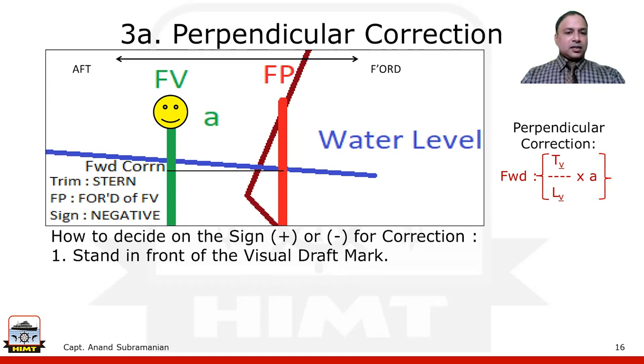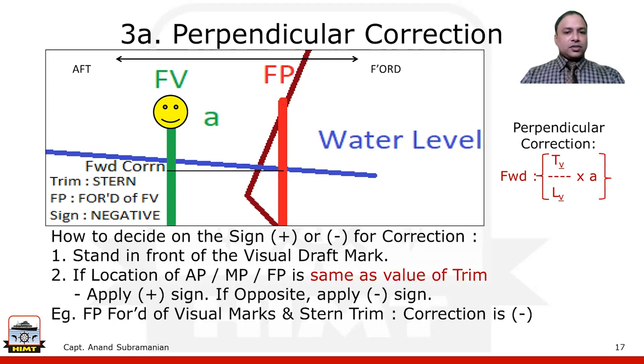Once that is done, look at the location of the forward perpendicular from your visual draft marks. In this case, the visual draft mark is located aft of the forward perpendicular, or inversely, the forward perpendicular is forward of the visual draft mark. In this case, we have a stern trim.